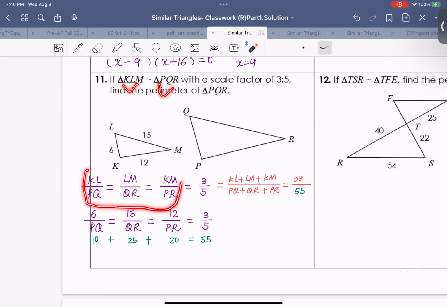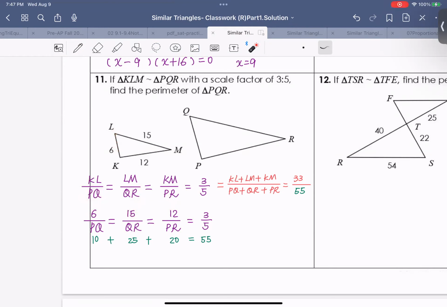Is this step okay? Yes. This equals the scale factor, which is 3 over 5, right? Yes. And then KL is 6, so you plug in. LM is 15, KM is 12, so you plug them in individually, right?